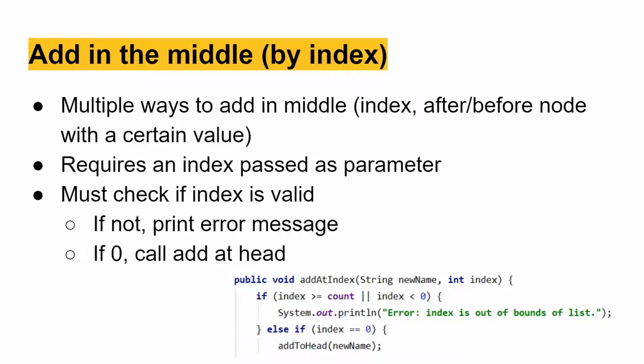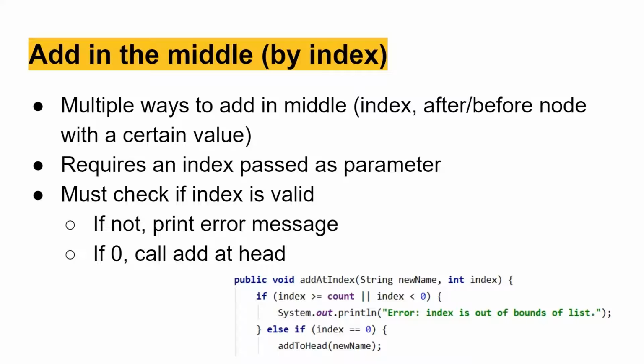So you can see my checking to see if the index is greater than the count, and checking to make sure it's less than the count but greater than 0, because otherwise we're going to have a bounds error. We're talking about an index that isn't within the range of numbers of nodes in our linked list.